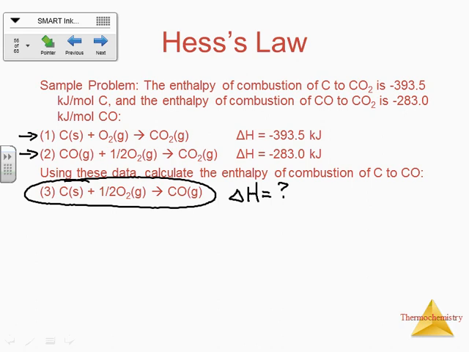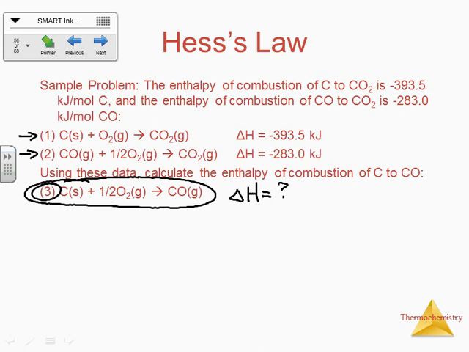And so it's like a little puzzle here to try and figure out how these work, okay? So the way I'm going to do this, I'm going to just look at my goal here, number 3, look at what I need. And it looks like on the reactant side I need to have carbon and I need to have oxygen on the reactant side, okay?